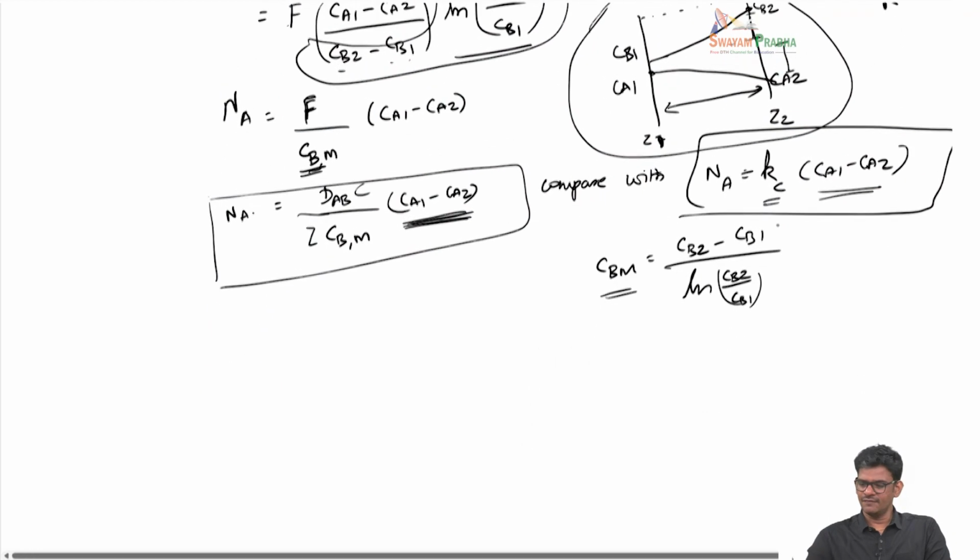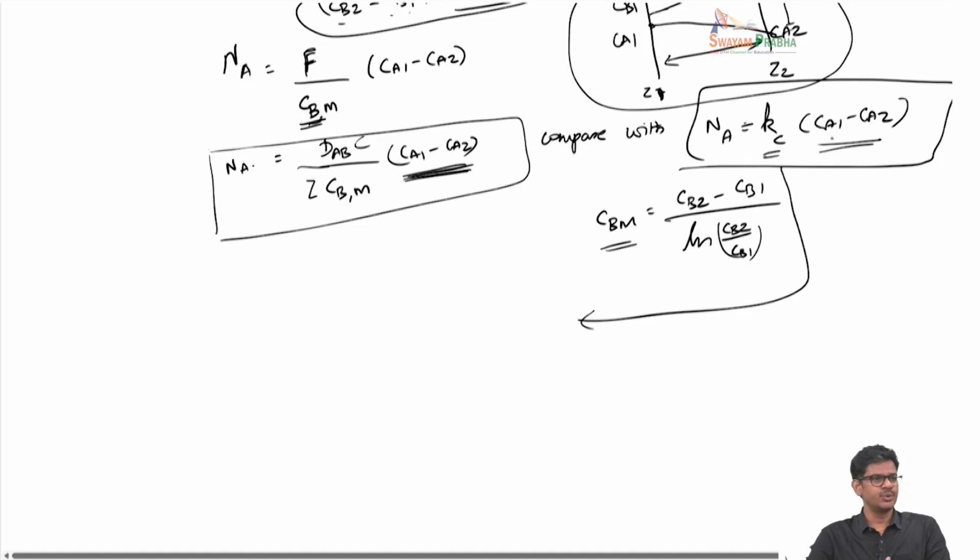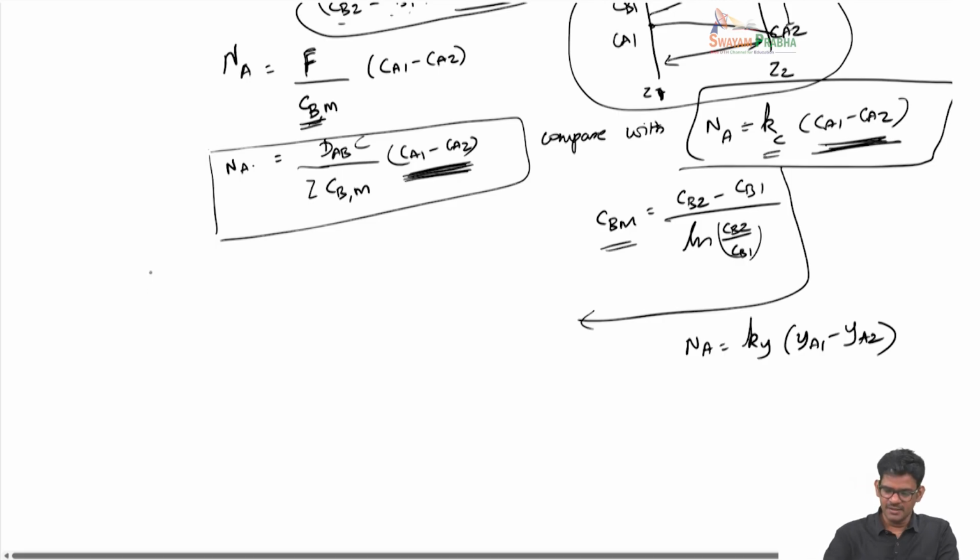Here we didn't use concentration units, but compositions, and you could also write this Na as Ky into Ya1 minus Ya2. We will come to this, but since here we are using concentration units, and here also we are using concentration units, the prefactor has to match. So therefore we can say the coefficient F by CBM is actually equal to Kc. This is an exact relation.